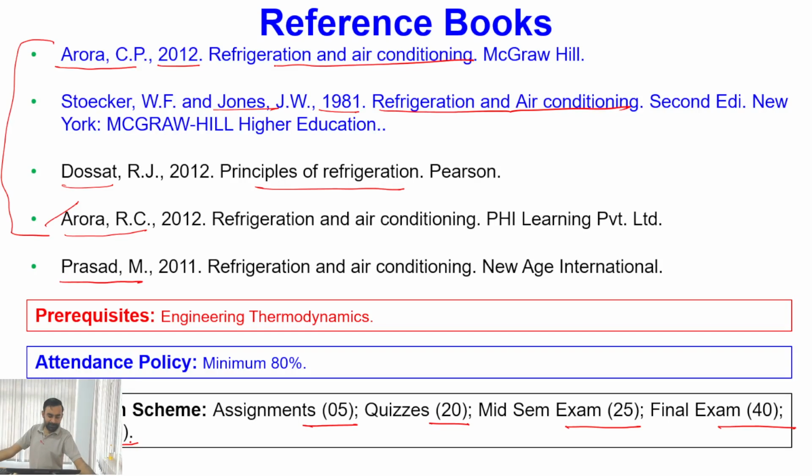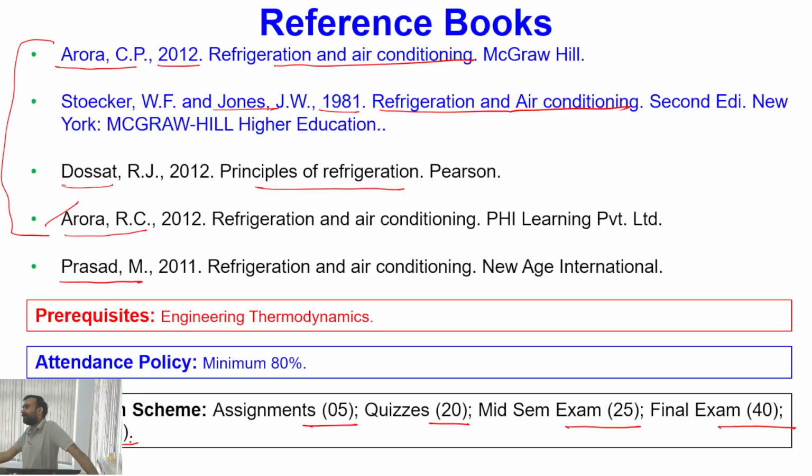Probably after the mid-sem exam, once we have a good understanding of different components and different refrigeration cycles, we will try to have some visits to these systems also. Here we will try to see how different components are practically assembled, installed and working, so we can get some idea of field operations, how refrigeration and air conditioning is operated in the field.